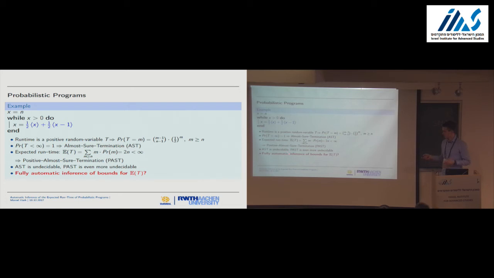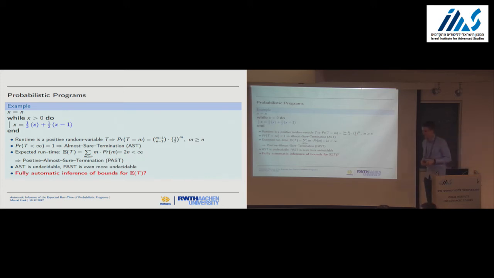And it turns out that the universal PAST is even undecidable if you have an oracle for the universal halting problem. So it's not like expected circulation time in a random walk. So you are not searching for this answer. I think we should maybe discuss this later at the poster.